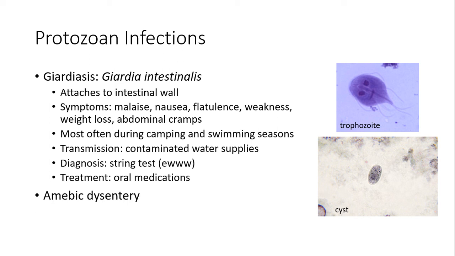So transmission, as you might have guessed at this point, is through contaminated water supplies, so an ingestion or vehicle transmission. The diagnosis for this is the string test, which I'll tell you about. You take a gelatin capsule like you would normally have antibiotics in, and they basically tie a string to that.